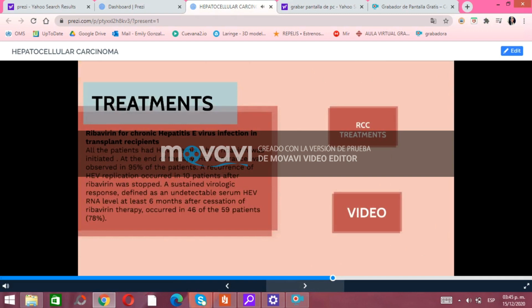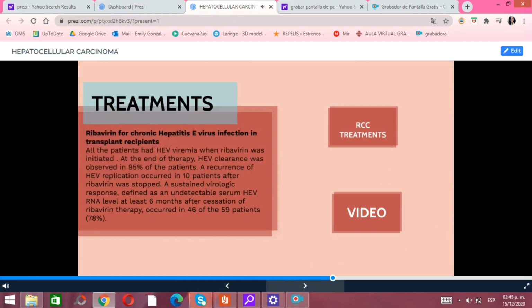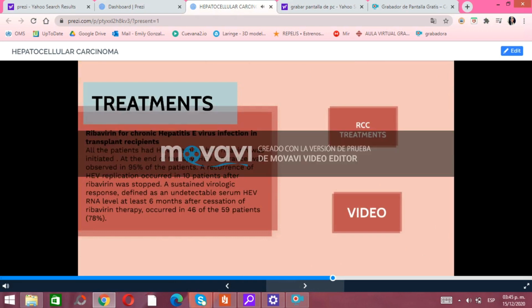Treatments. Ribavirin for chronic hepatitis E virus infection in transplant recipients. All the patients had HEV viremia when ribavirin was initiated. At the end of therapy, HEV clearance was observed in 95% of the patients.